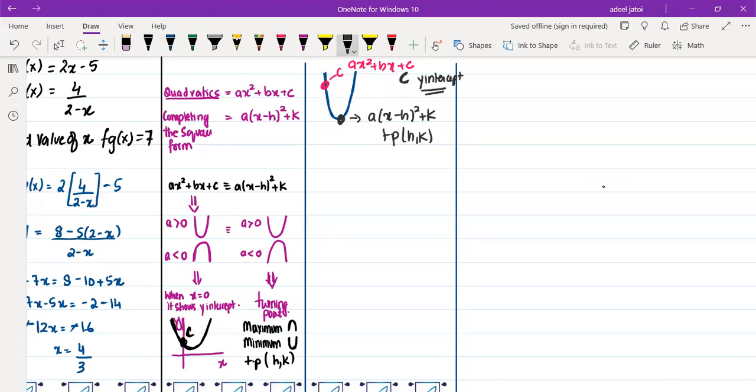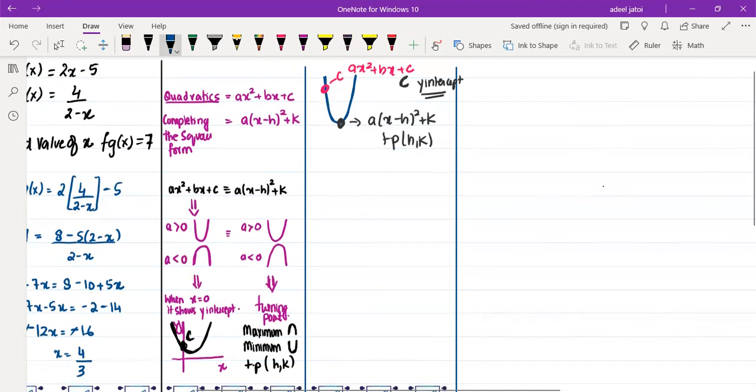Now, you need to understand that the completing the square form and the quadratic can be shifted using the comparing method. Suppose we say ax square plus bx plus c is shifted from a(x minus h) whole square plus k.